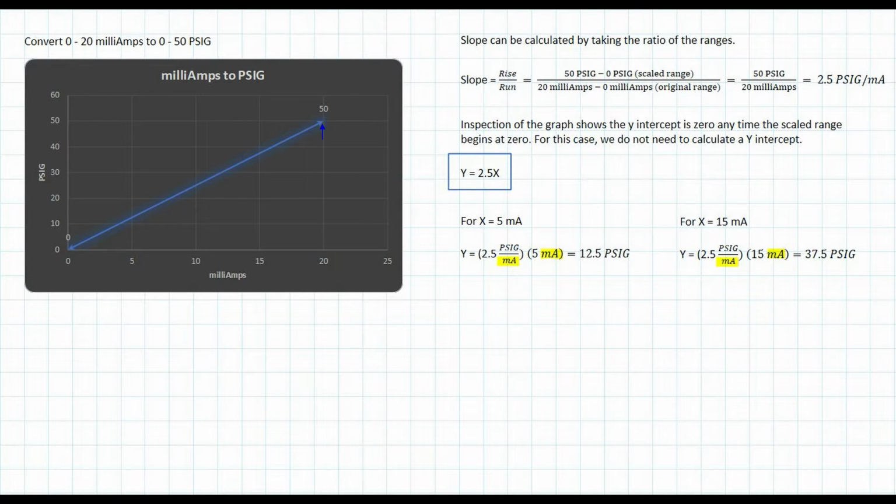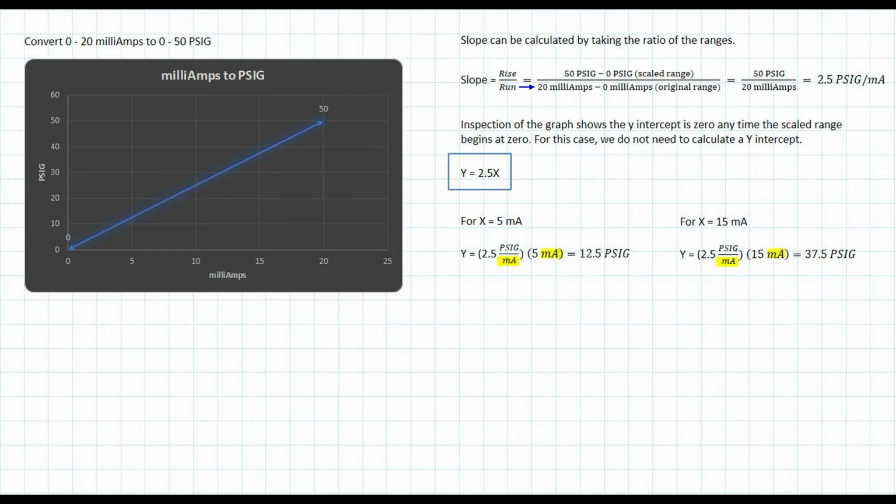Intuitively, we know that the slope is the ratio between the ranges of the two scales. We calculate the slope as the scaled range that we want to convert into divided by the original range. Scaled range is the maximum scaled value minus the minimum scaled value, which in this case is 50 PSIG minus 0 PSIG.